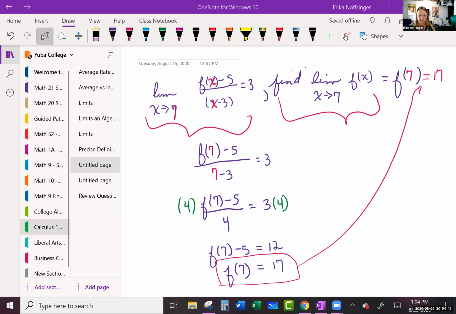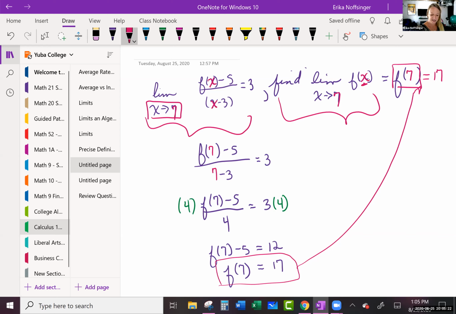There's a question in the chat, so let me read it and then I'll answer it. So you treat it as a variable pretty much and don't worry about the 7, the x value. When you're taking limits, this is telling you what value you're plugging in for x. When it said find the limit as x approaches 7 of f of x, we plug in 7 here, and we need to know what that f of 7 value is. They gave us enough information.